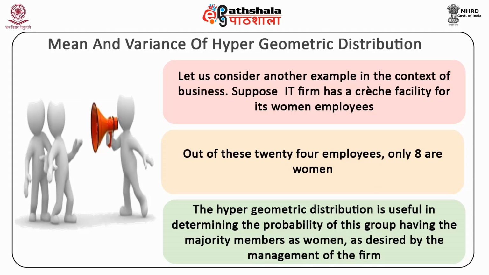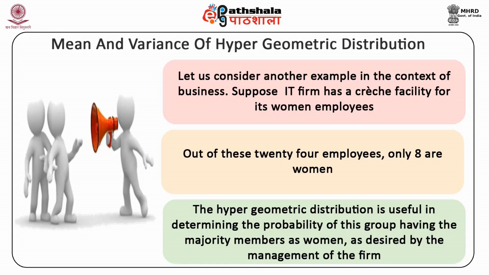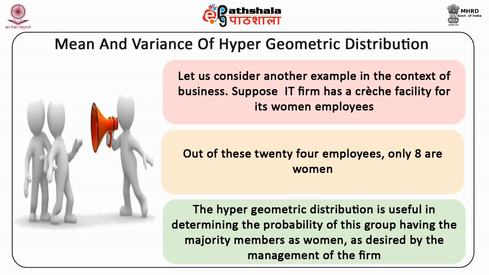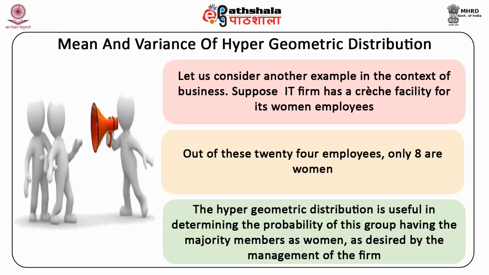This satisfies the condition that a hypergeometric distribution is used when sample size exceeds 5% of the population size. The group of 5 will have a woman majority if the group has at least 3 women or more. This is possible in 3 ways. We can have 3 women and 2 men, or 4 women and 1 man, or all 5 women.